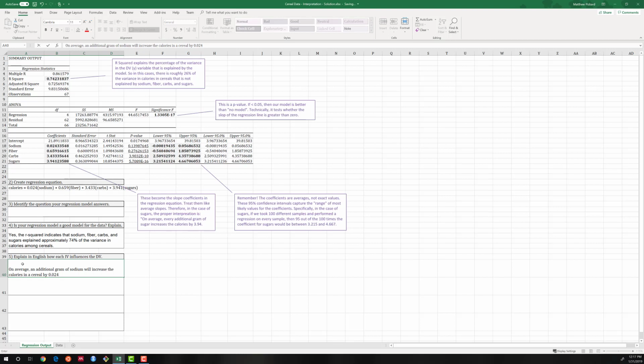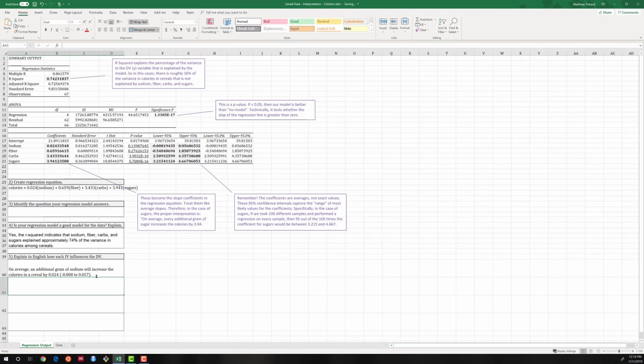And if you wanted, we could even put after it the range, the 95% confidence interval. Now what's important here is notice that this 95% confidence interval includes 0. So there's a chance that adding sodium is not going to increase the calories at all.